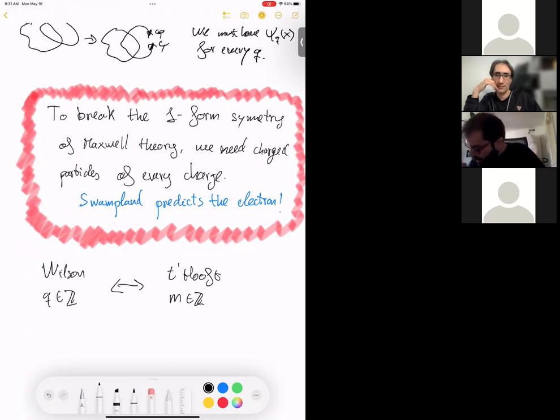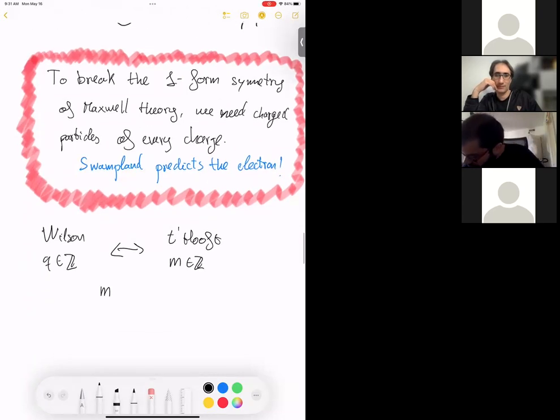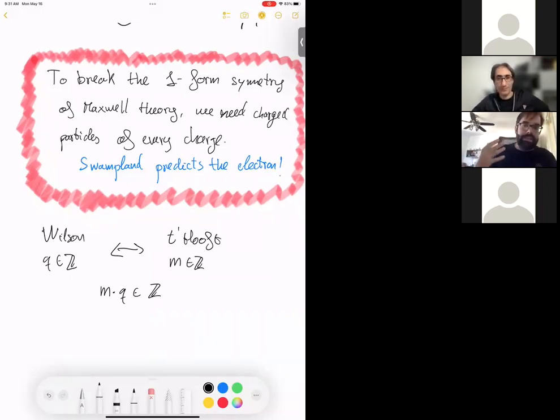The proper quantization condition is that this product is in the integers. If you normalize things such that the monopole charge is 1, then the charges for the Wilson lines are also integers.